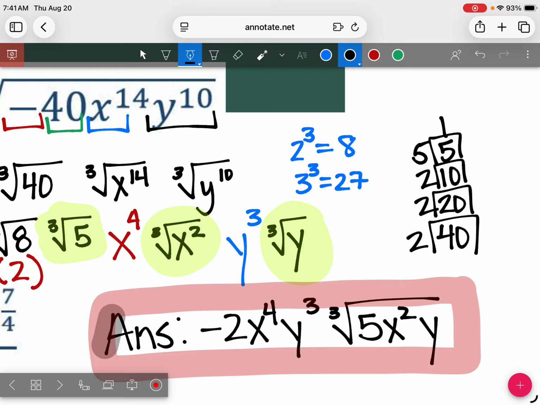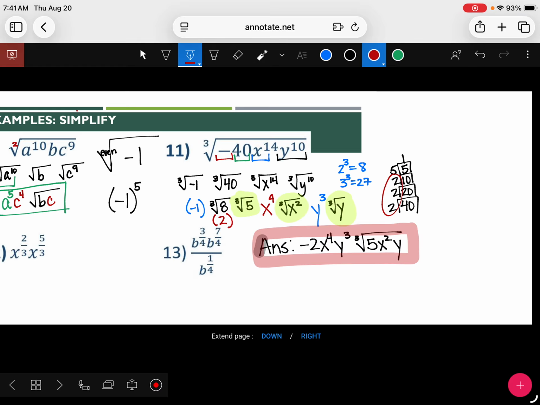So I'm looking for a group of 3. What do I have 3 of? 3 2s. What didn't I have 3 of? 5. It had to stay. There is nothing wrong with making a cake. Absolutely. All right, let's keep moving.